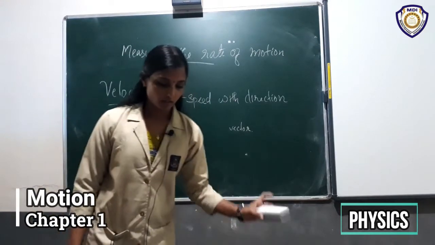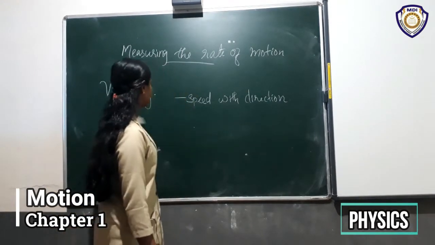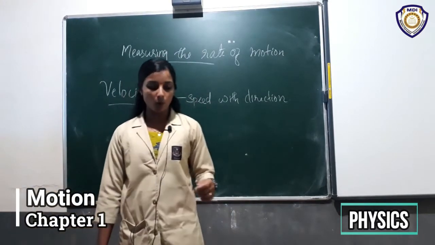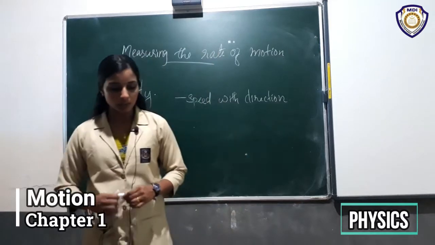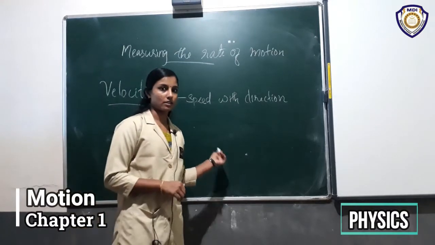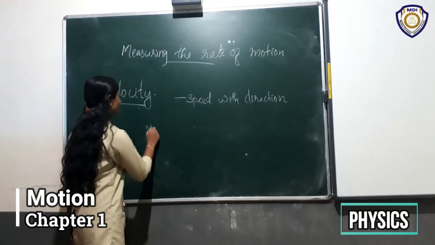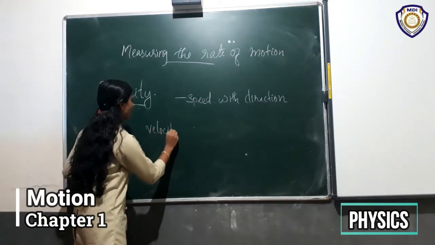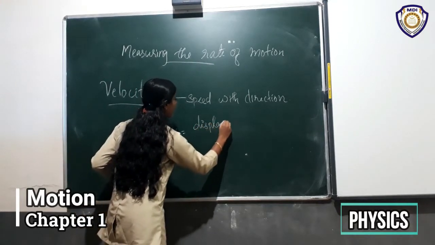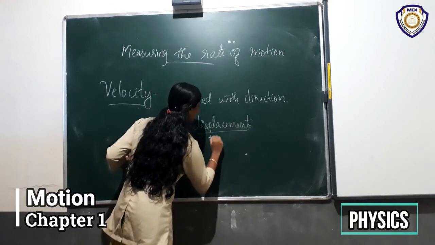The quantity that specifies both the aspects, speed and direction, is called velocity, or we can say velocity is equal to displacement by time, right?